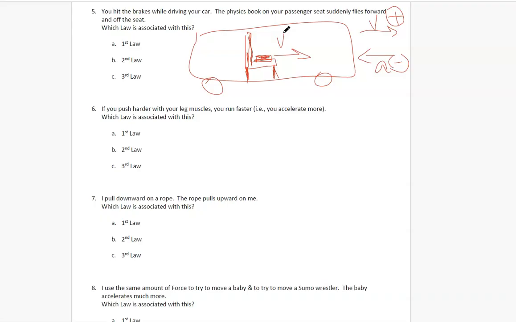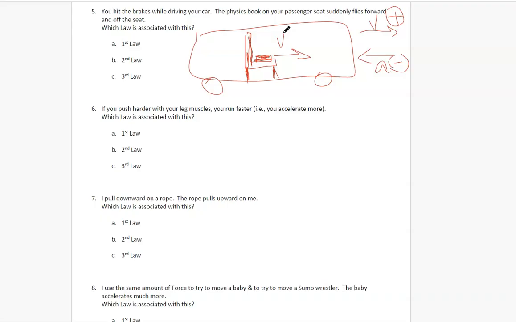Well, Newton's first law tells us if an object is already moving in a straight line, and it has a certain speed and direction, it has a certain velocity, it will keep having that speed and direction, that same velocity, that same motion, until a net force acts on it.